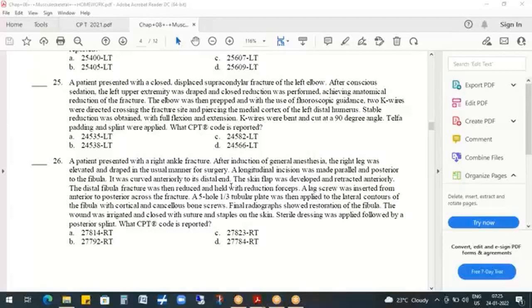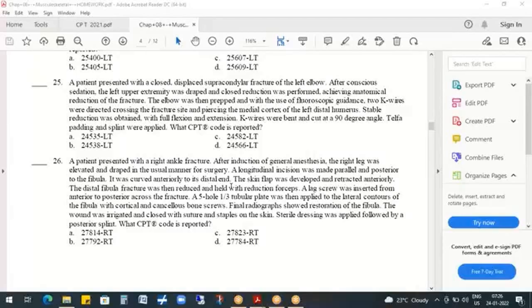Open treatment, like making an incision, rods, nails, any terminology in the question? No, sir. Any skeletal fixation, placing pins across the fracture site under guidance? Is there such a statement? No, sir. Then it's a closed treatment.